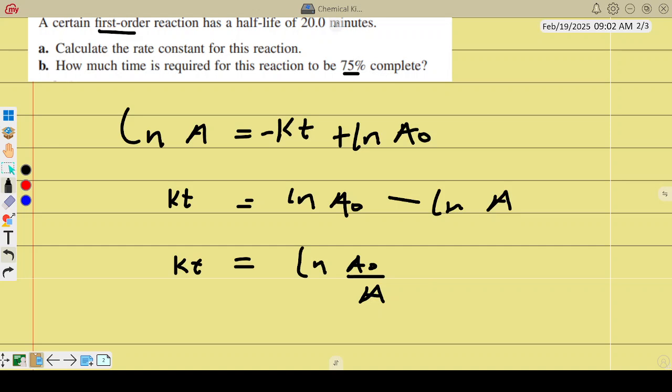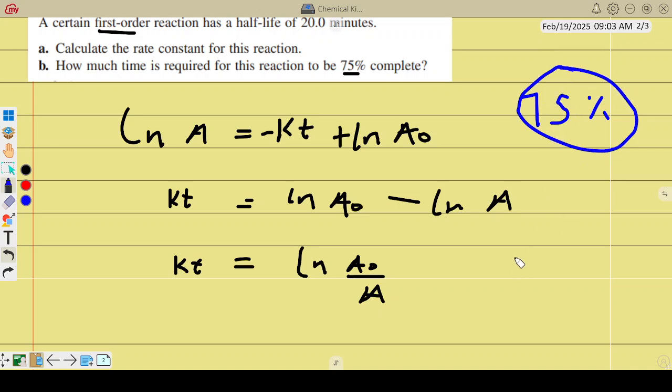So it means that of the initial concentration, only 25% has remained. You can rewind that one. We mean the reaction has proceeded 75%, meaning this is what has reacted, and it's the time we want to calculate.